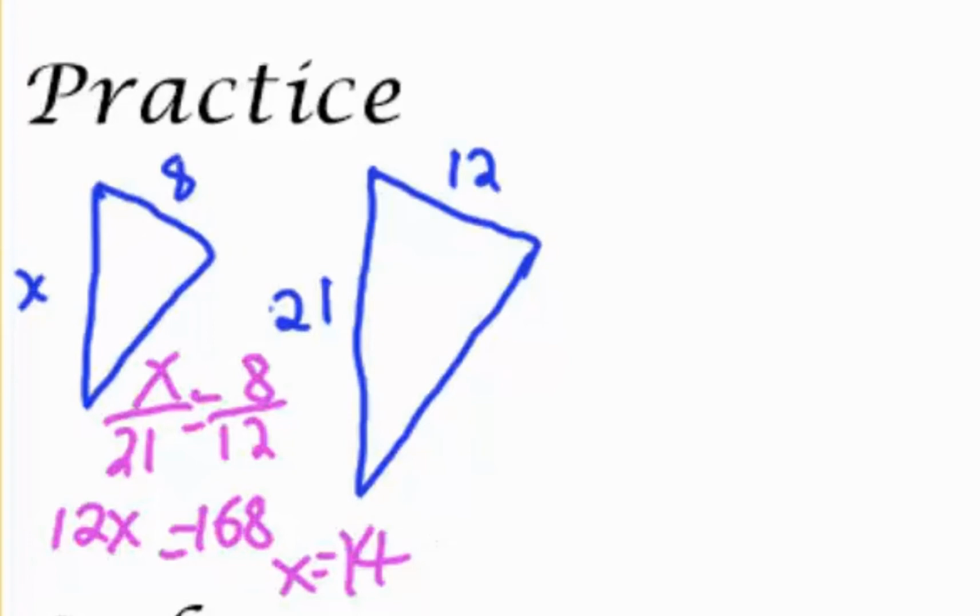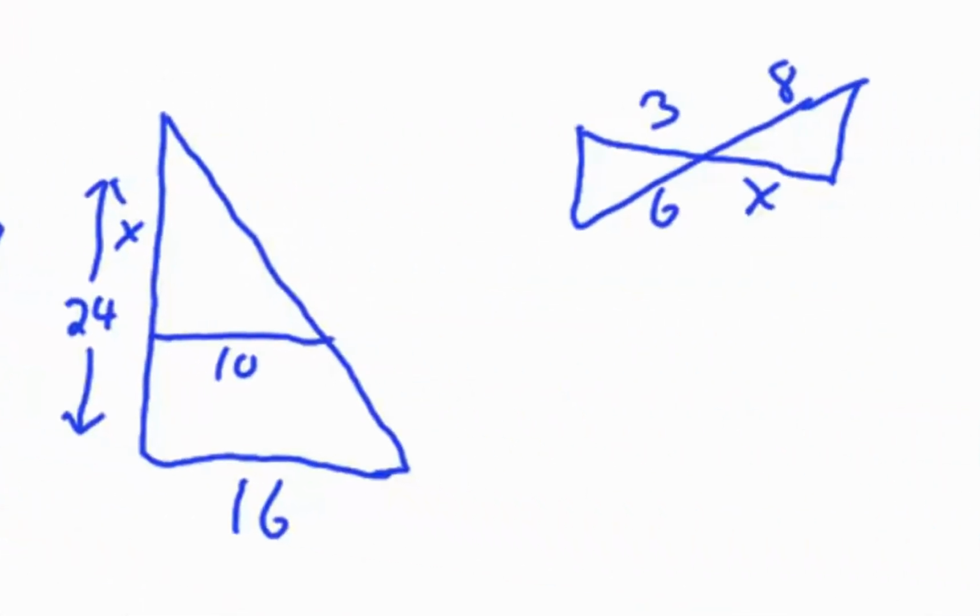My next two problems will require a little bit more thinking to set up, but will ultimately use the same principles to solve. In this first figure, I have two triangles where one triangle is within the other one. In order to find that x, I can still set up the small side x over the big side that it is a part of, 24. So that x over 24 is going to equal 10 over 16.